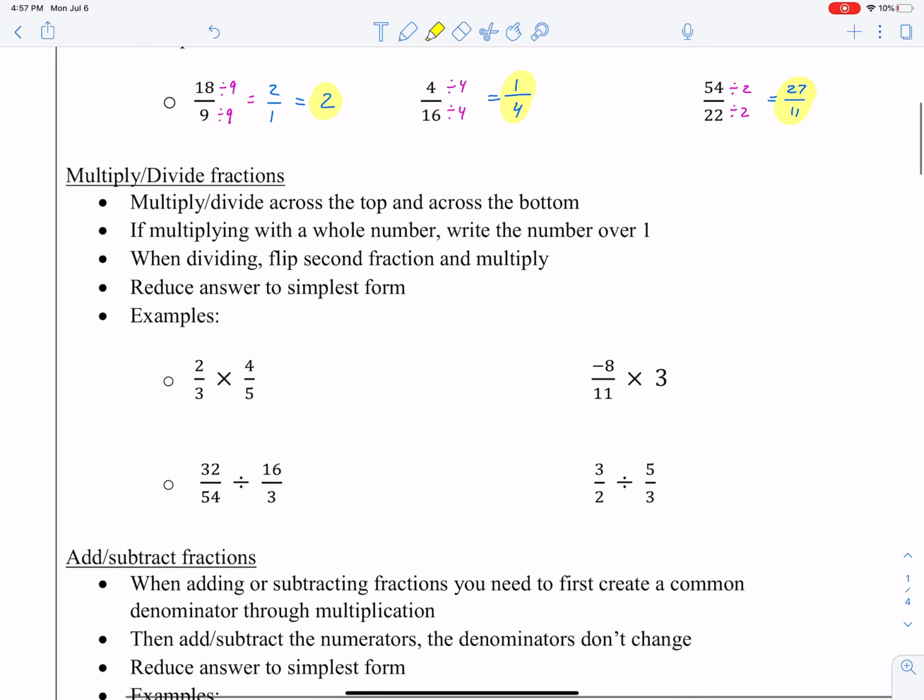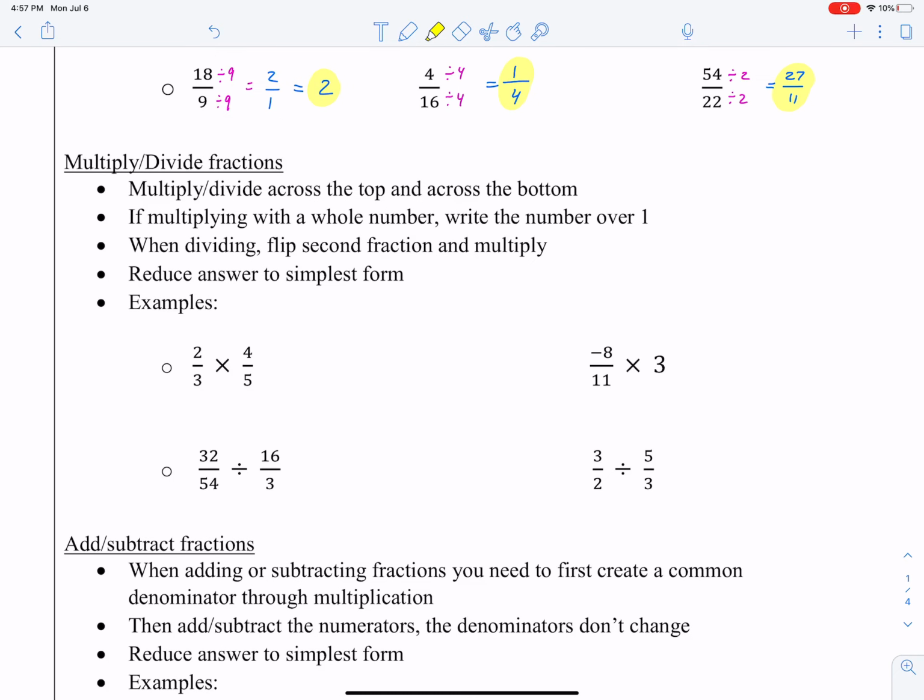Next, we have multiplying and dividing fractions. When you're multiplying or dividing, you do so across the top and bottom. So across here, 2 times 4, across the bottom, 3 times 5. If multiplying with a whole number, we write that number over 1. So here we have 3, so we would write it as 3 over 1 when we multiply.